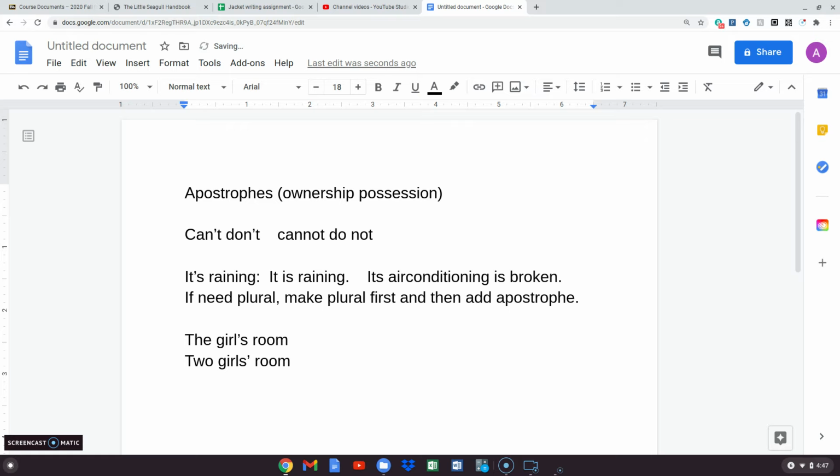Okay? Now this changes when I have a word that is not plural. So if I have the man's hat, so far, you're with me, but what is the plural of man? It's not man's, right? It's men. So if I said to you the men, and I want to talk about their hats, the men left their hats, the men's hats.